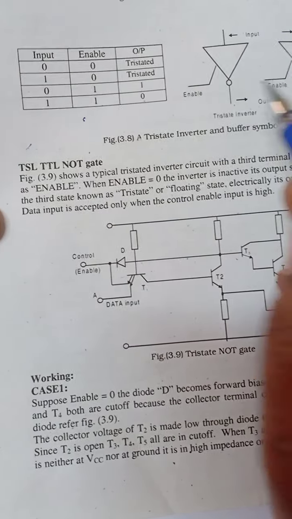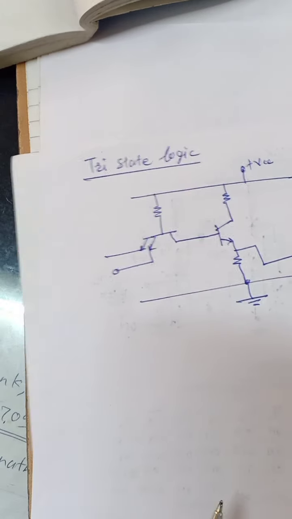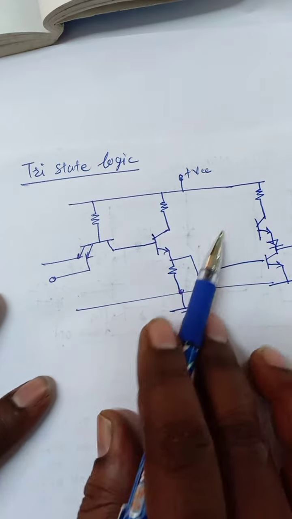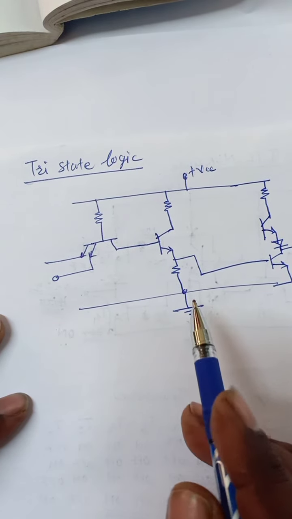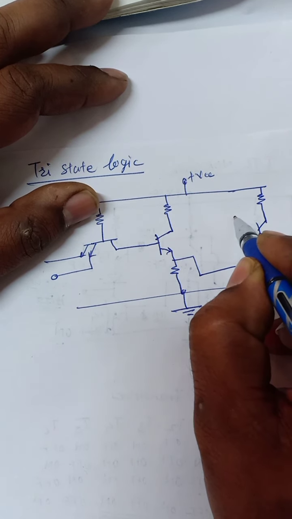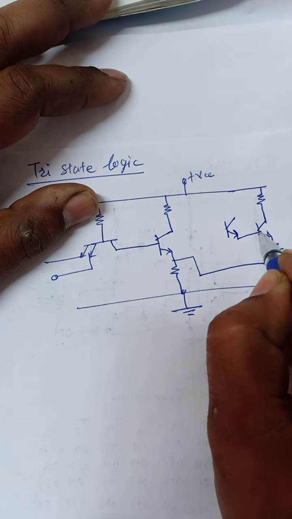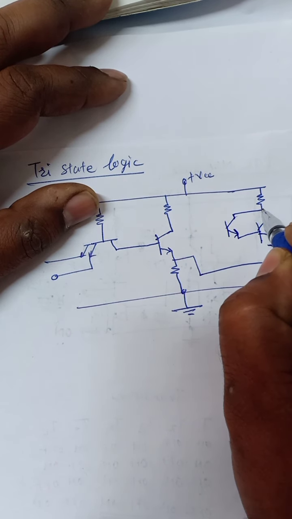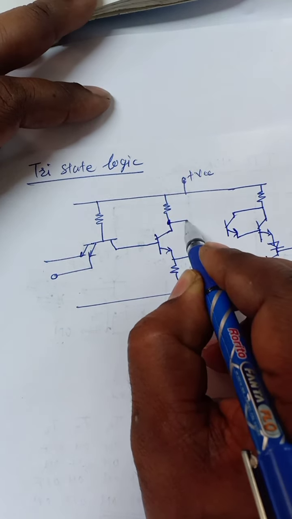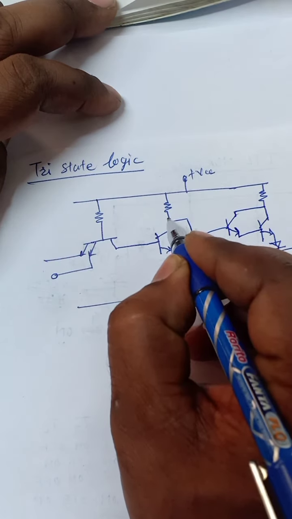In the tri-state logic the diagram is given here. We know this is a TTL NAND gate diagram, so there are some changes. We need another transistor which is connected here, and we need to connect the base at this collector.